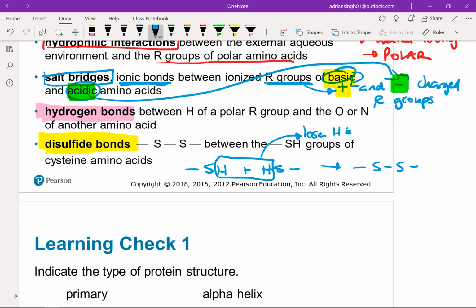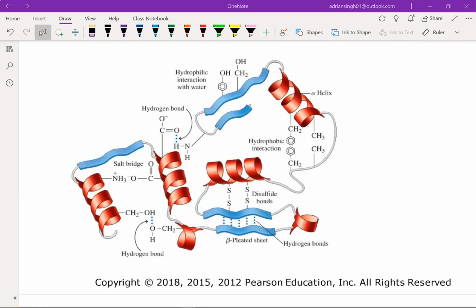So the only amino acid that has an SH as a part of the R group is your cysteine amino acids, right? These are going to contain that SH, that thiol group that can participate in a disulfide bond with another cysteine residue.